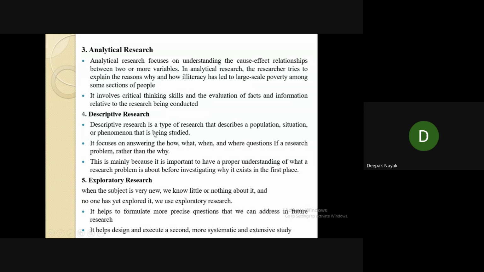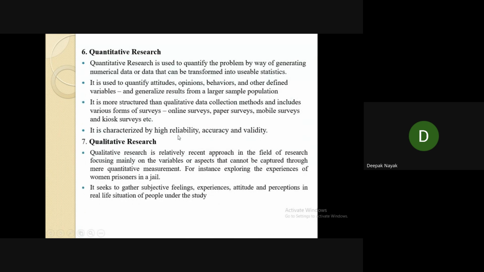Many times it helps to model or plan a more intensive research like analytical research. It is like a background research for your analytical or experimental research that we are going to discuss later.